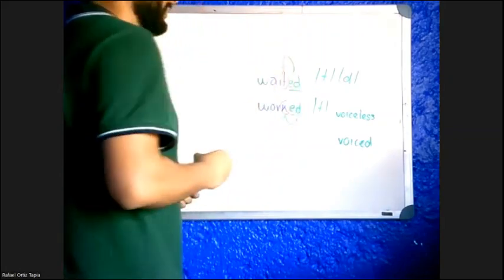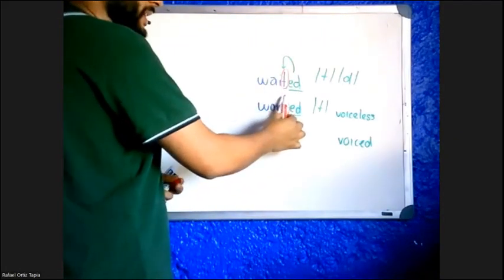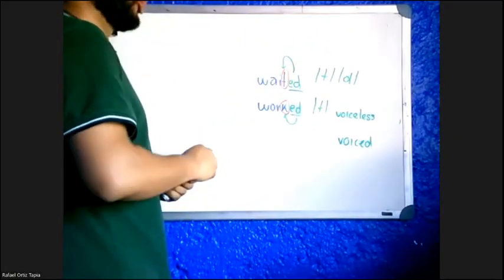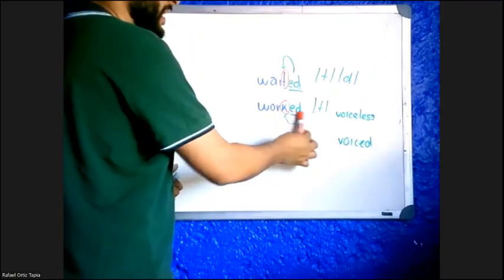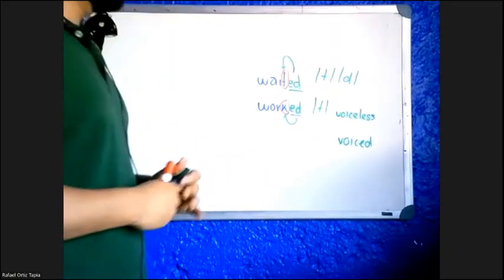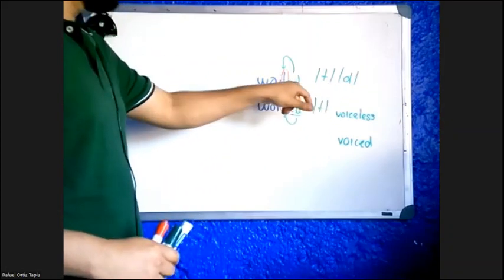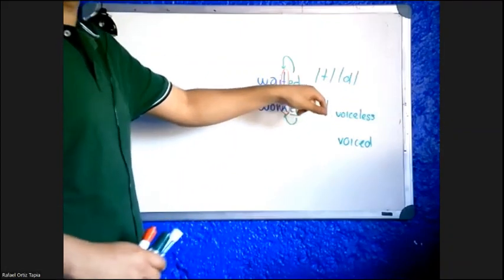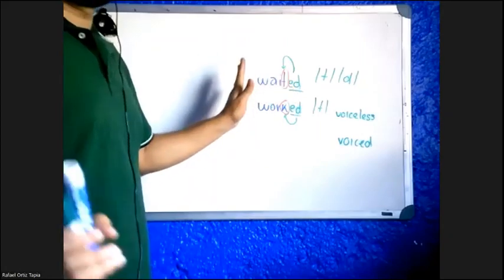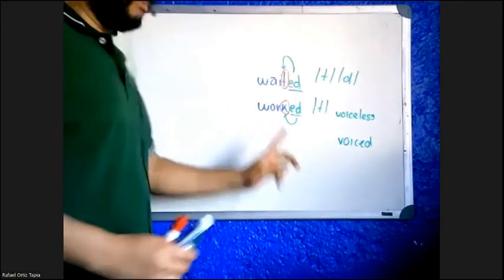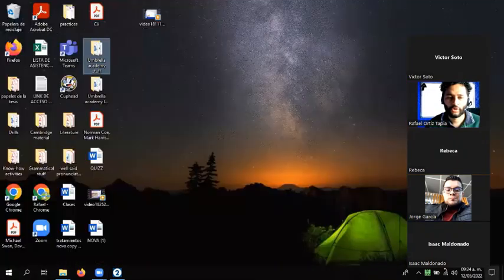El sonido que haga esta letra les va a decir cómo van a pronunciar la ED. Todas las que tengan T o D, por default, sí se escucha la ED. Pero para esto tenemos que ver qué es eso de voiceless y voiced. Ahora, rápidamente, miren. Vamos a ver aquí.